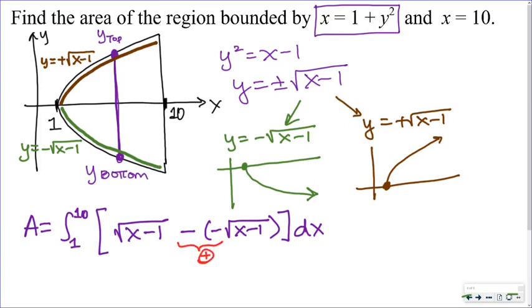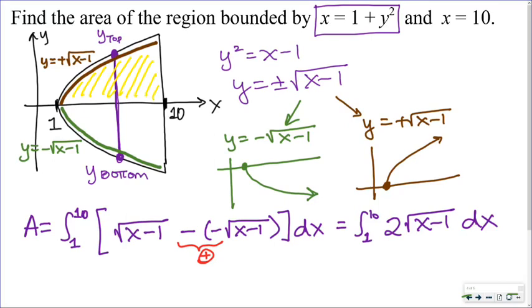And so we're going to wind up with the integral from 1 to 10 of 2 root x minus 1 dx, which is the same thing we would have gotten if we just had said, okay, let's do it in terms of x, but let's just do 2 times the top half, 2 times the top half because of symmetry.